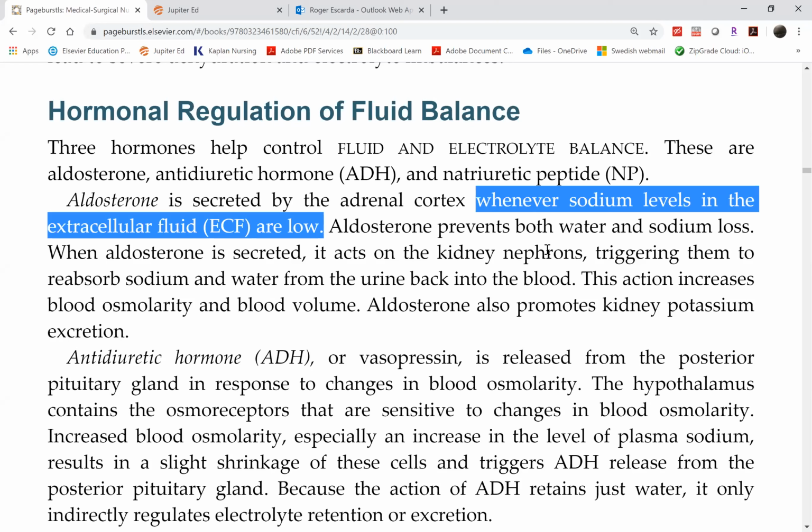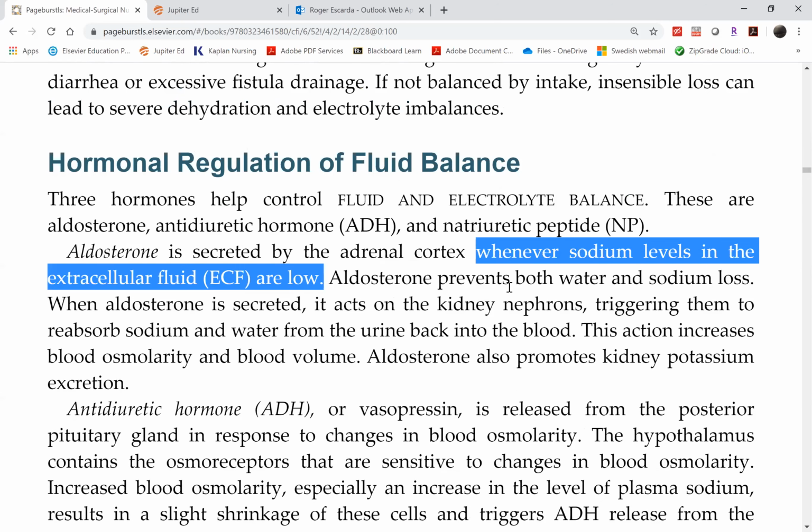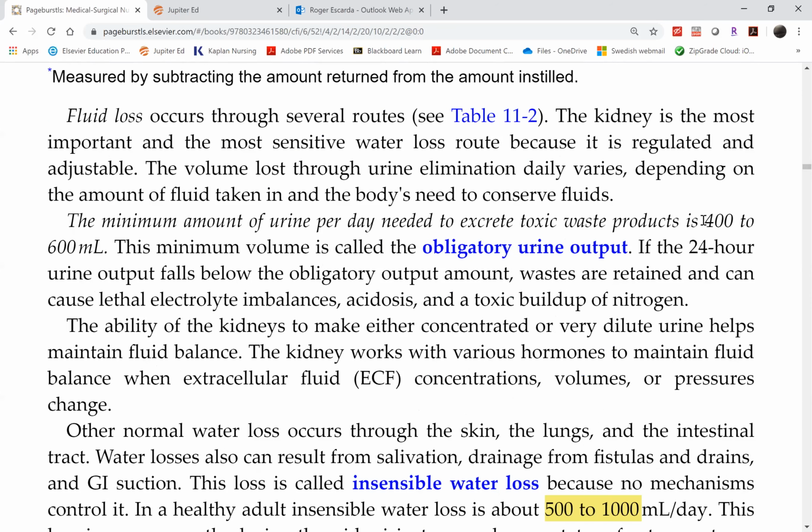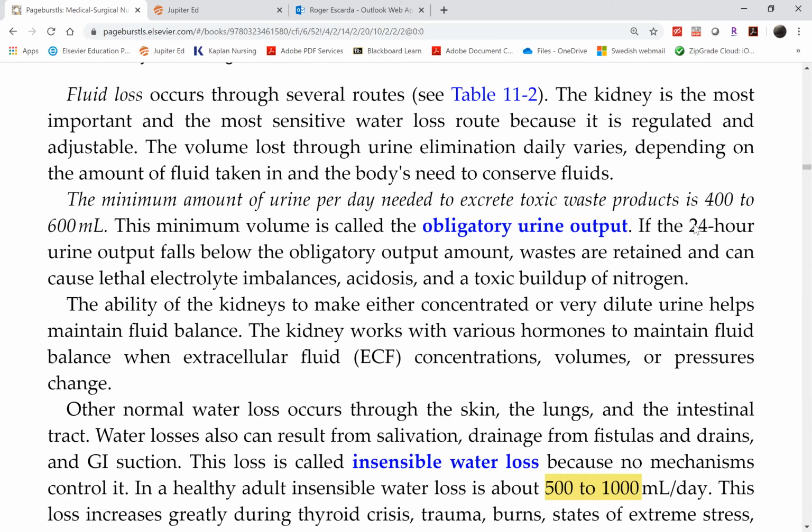So once aldosterone is released, this will cause sodium and water to be reabsorbed in the kidneys. Thereby, what happens to your urine output when aldosterone is released? Decrease. It will automatically result in oliguria. Oliguria is urine output of less than 400 ml per day.